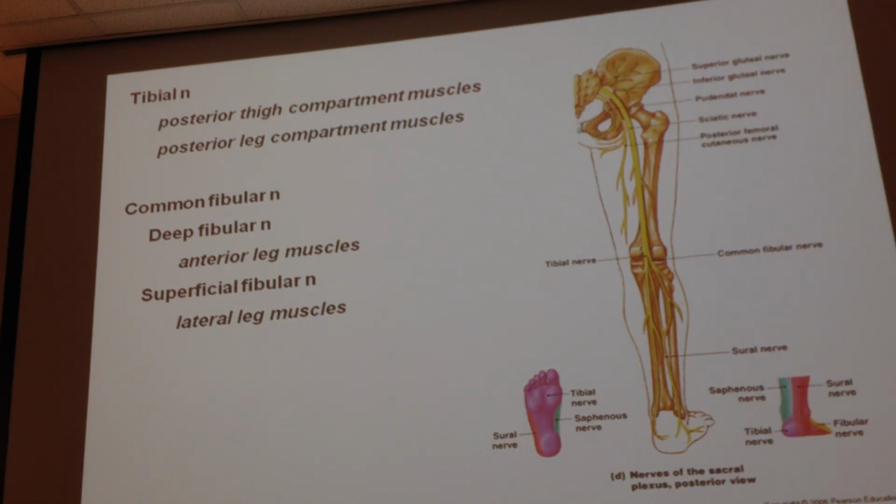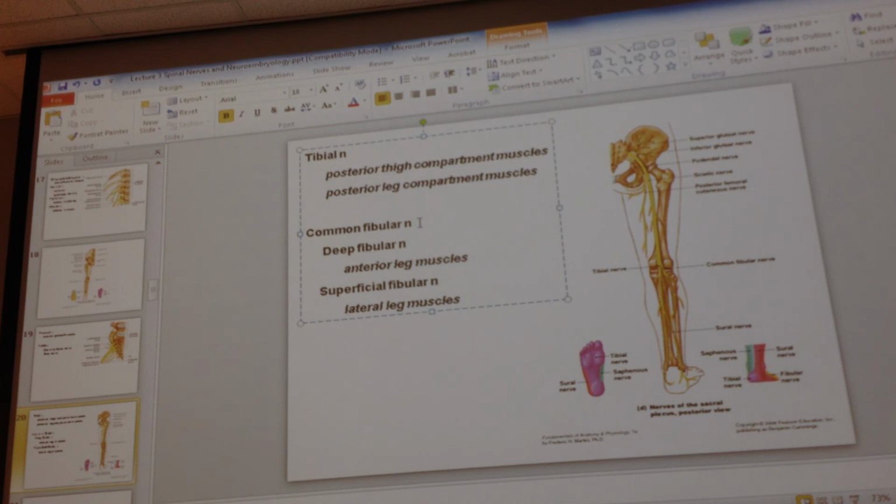So tibial nerve is going to do posterior thigh, so we're talking our hamstring muscles, our biceps femoris, semimembranosus, and semitendinosus. There's one exception, and that is the common fibular nerve is going to do the short head of the biceps femoris.